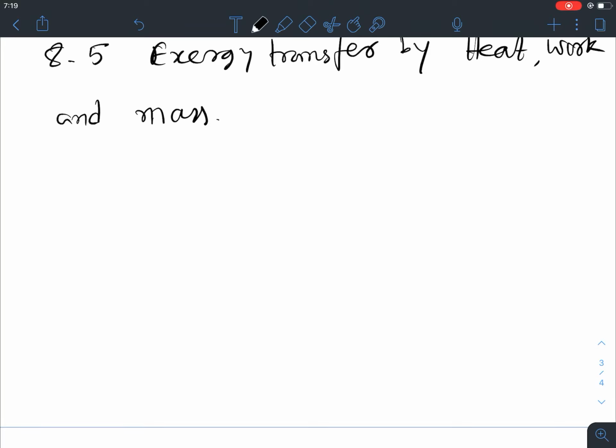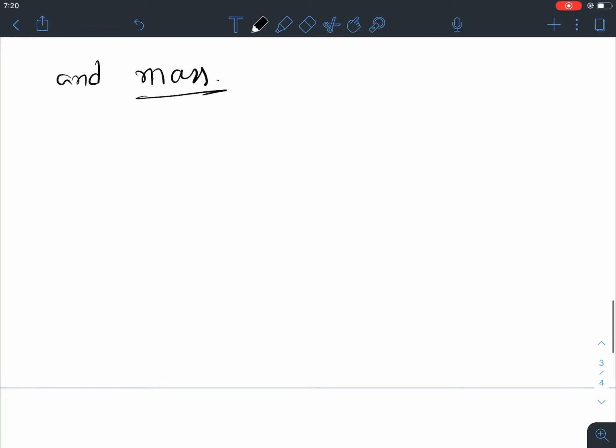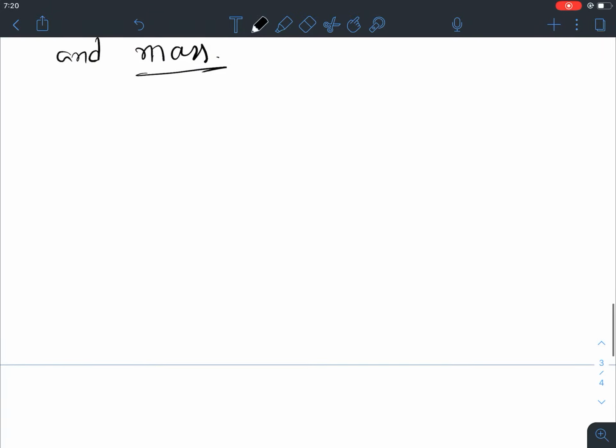And exergy can also be in three different forms, which are heat, work and mass, right? So exergy transfer of a system is recognized by exergy crossing the boundary of that thermodynamic system, right? So we can determine either the exergy gain or exergy loss during a thermodynamic process, right?